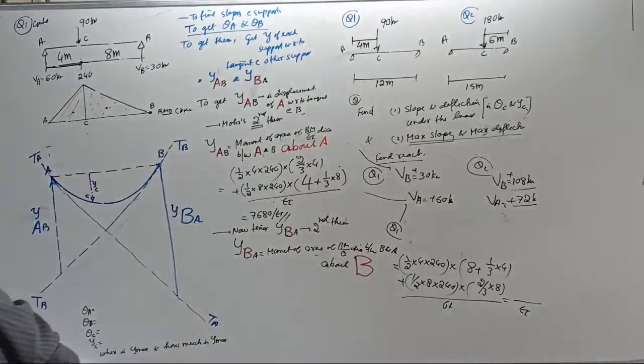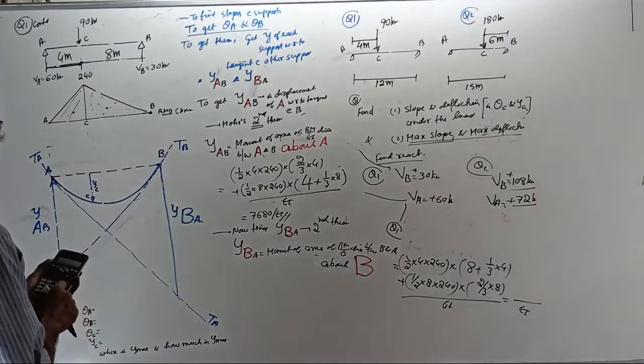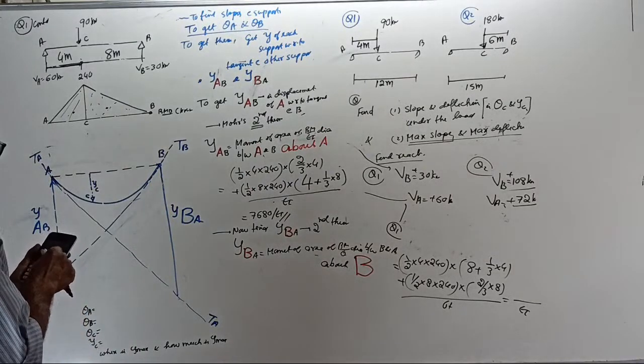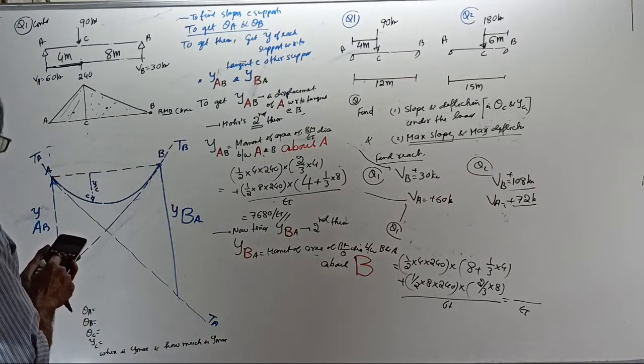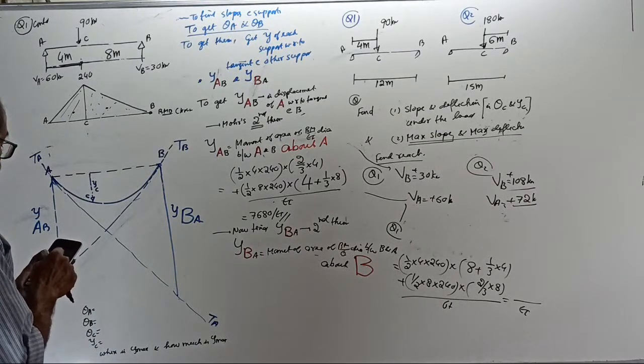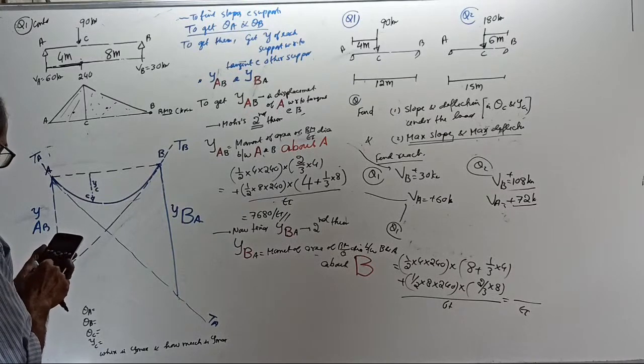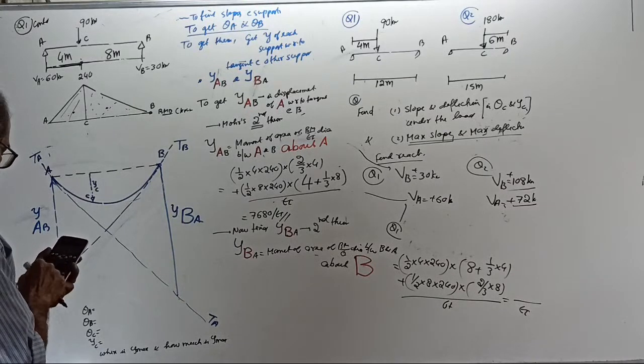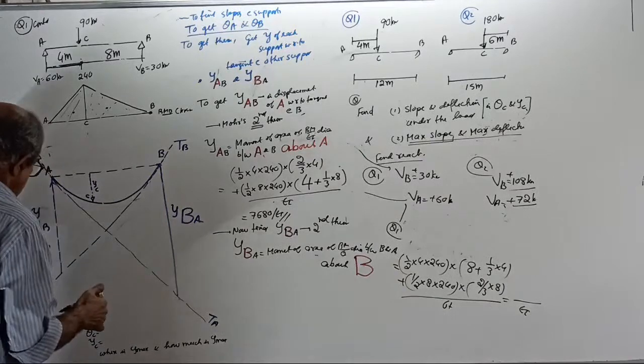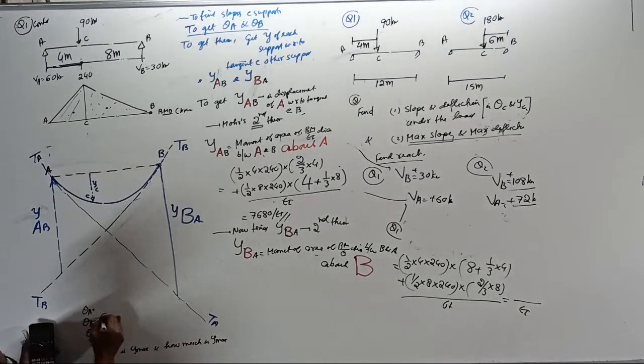Whatever you do, your theta B has to come 640 by EI.